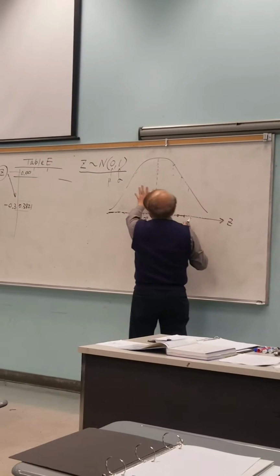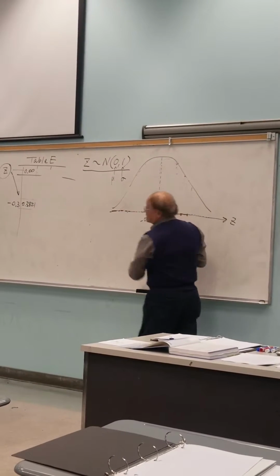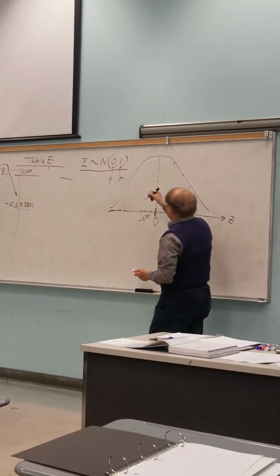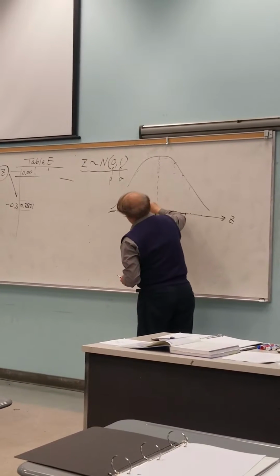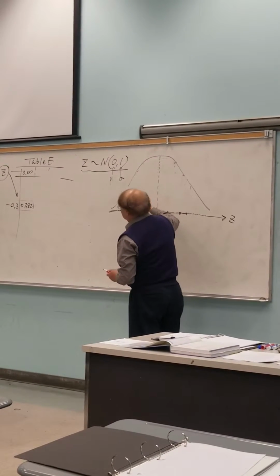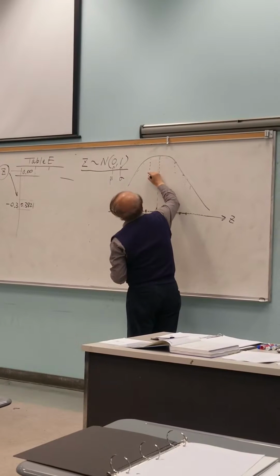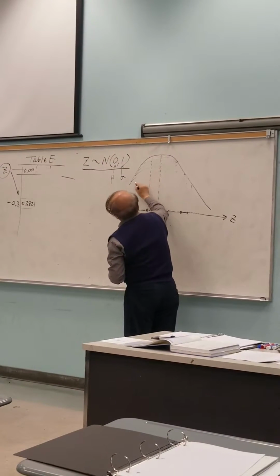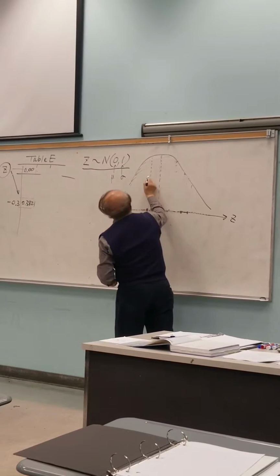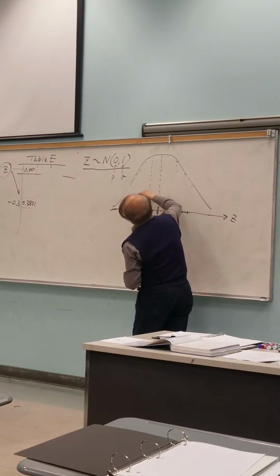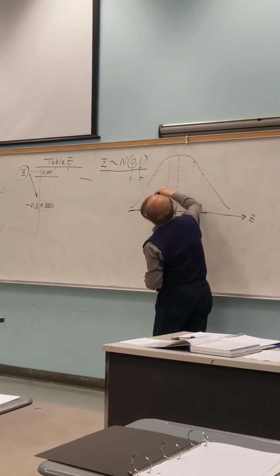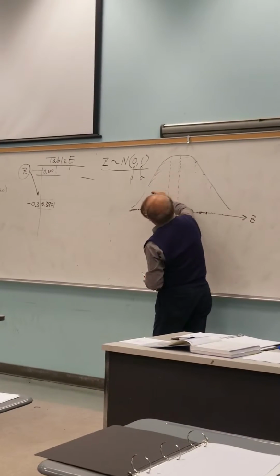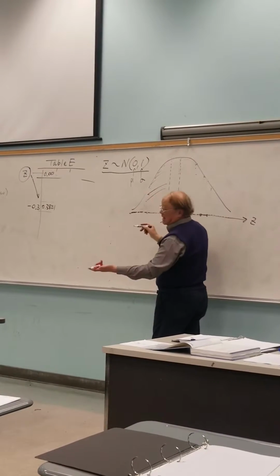The left-hand side area is half, the right-hand side area is half. Now, for our question, the answer is the left-hand side area to this point. Is this less than half or greater than half? Must be less than half.